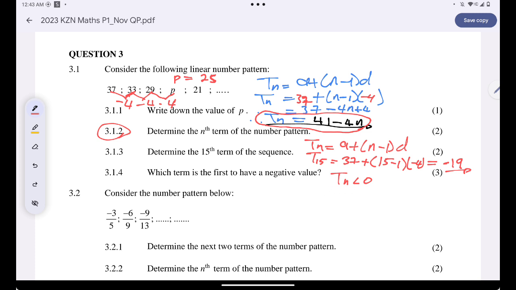I know that Tn is equal to a plus n minus 1 d. Even here, guys, it will be much easier if you use this one. But please avoid using the one you calculated, because you could have made a mistake. Always use what you are given.